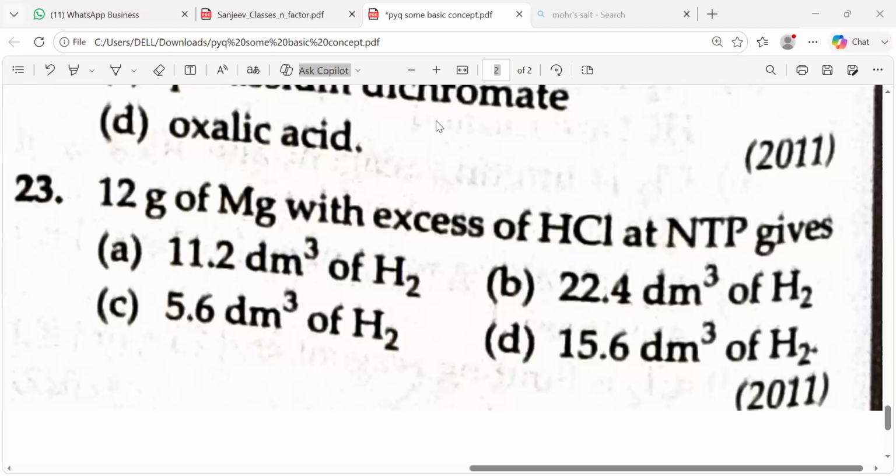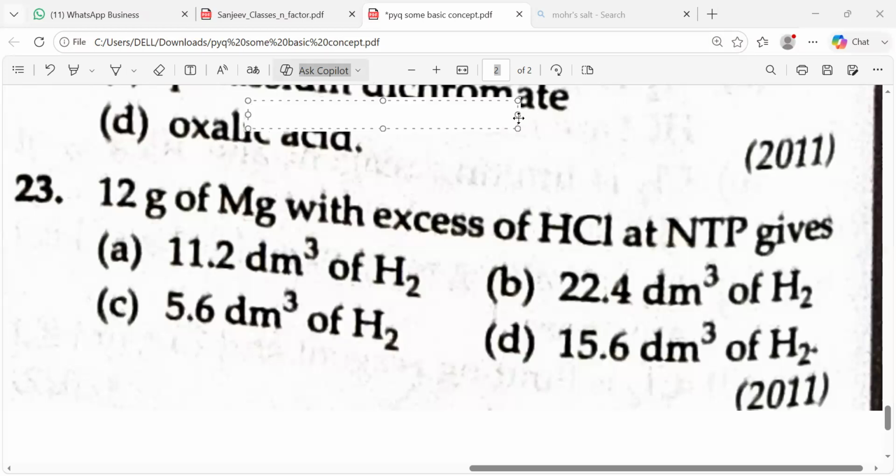Magnesium atomic mass. What is the atomic mass of magnesium? Anyone tell me the atomic mass of magnesium? 24. Very good. So I'll write down here magnesium.